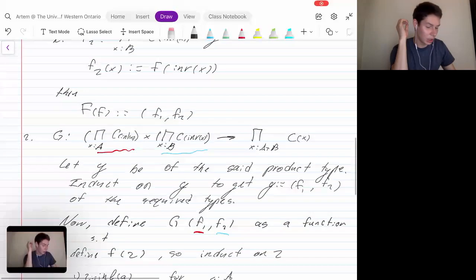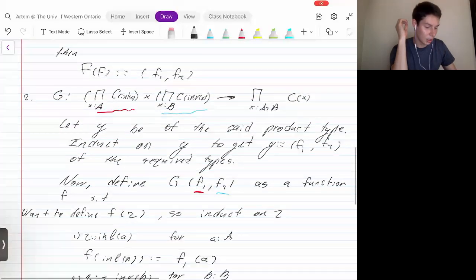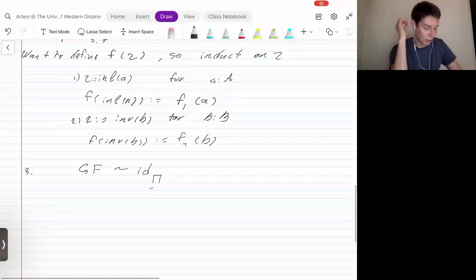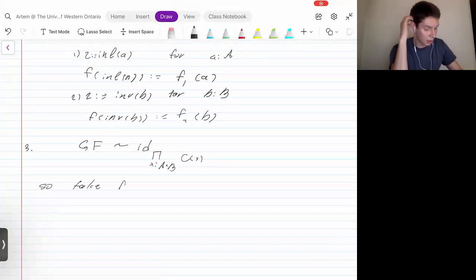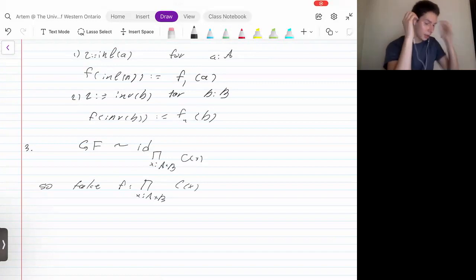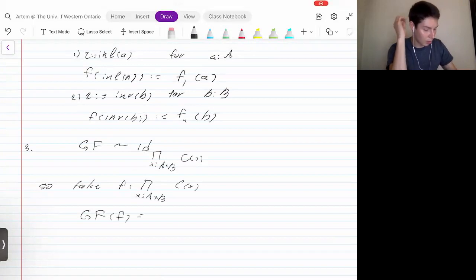So g goes to this dependent function space, Cx. So take f in this function space, Cx. What we want to show is that applying this to f is going to be equal to f.